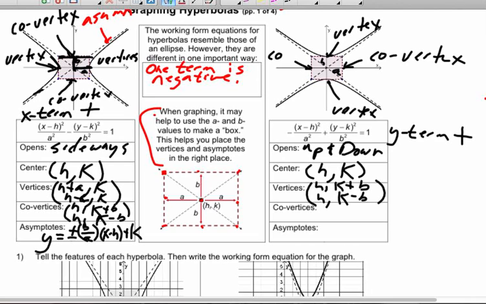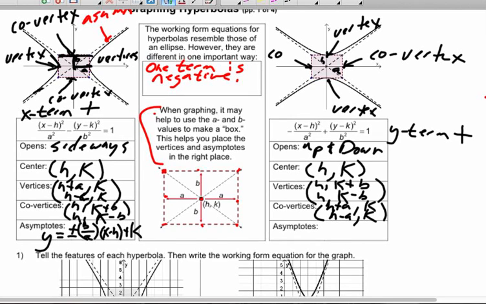And my co-vertices now are going to be at H plus A, K, and at H minus A, K. But again, don't make a real big deal out of all of this. It's basically the same thing that we had before, except that these points are the same spot. It's just whether or not the thing opens up and down or right and left as to whether we call it a vertex or a co-vertex.